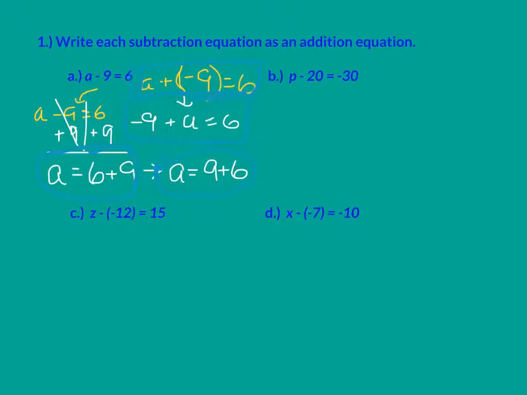I've got P minus 20 equals negative 30. I'm going to stay, change, change. Remember, that's also the opposite of the opposite. That's the other way I can think of this, because the opposite of the opposite brings you back to your original.